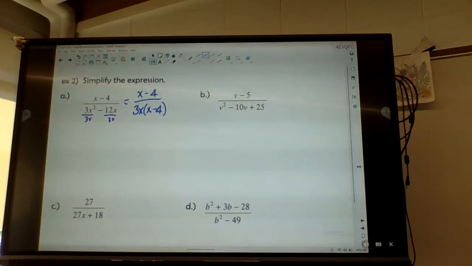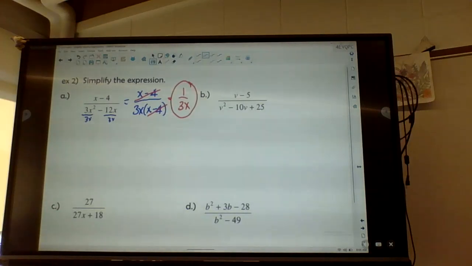I see this x minus 4 on the top and the bottom, so all I do is simplify that, and it just ends up being a 1. There's nothing left over there, so I put a 1 as a placeholder, and just 1 over 3x. But again, this is why we need factoring. This is one of the reasons we use it and are able to work with it.